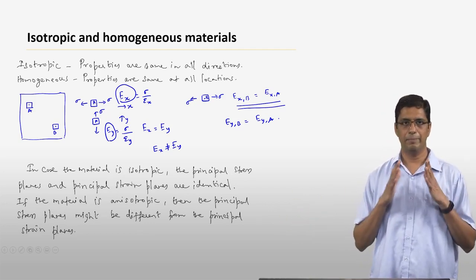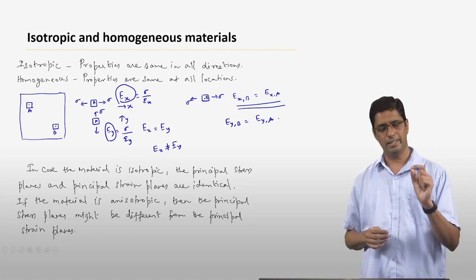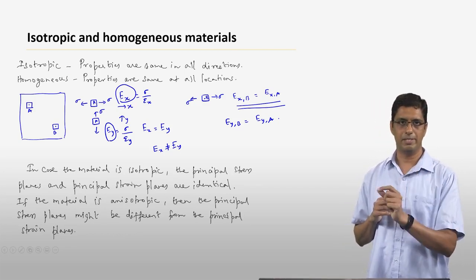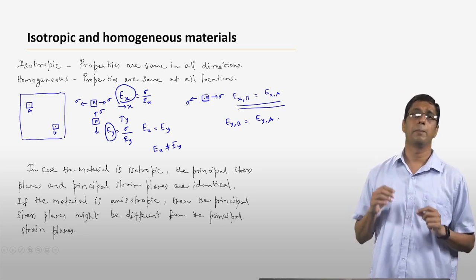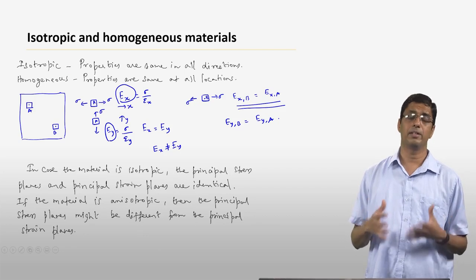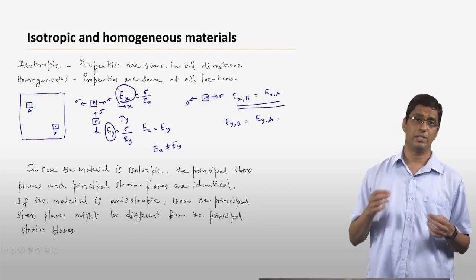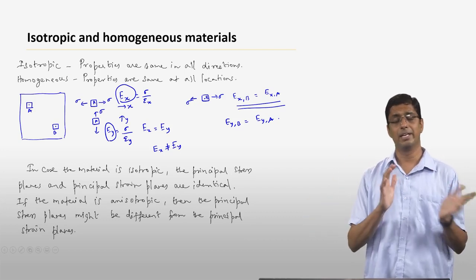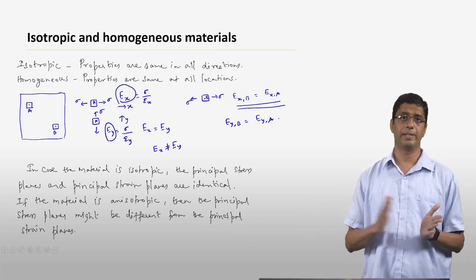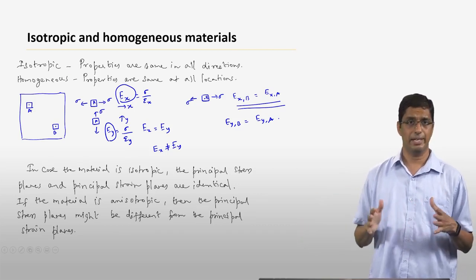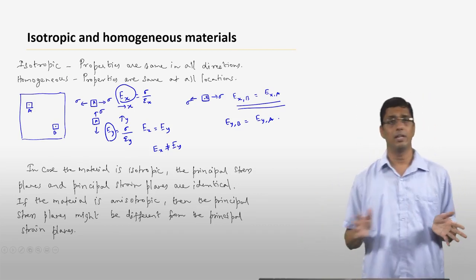But if a material is isotropic, at least you know that at a particular point, the directions in which you have the principal stresses will also be the directions where you have the principal strains, which are the directions in which the normal strains will be maximum. So essentially you can have a one-to-one correlation between the principal stresses and the principal strains if the material is isotropic. That's all I wanted to cover for this class.